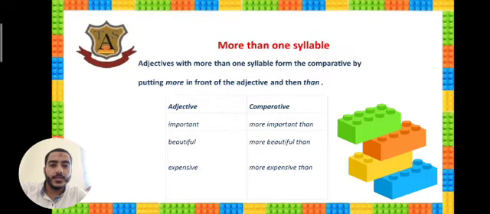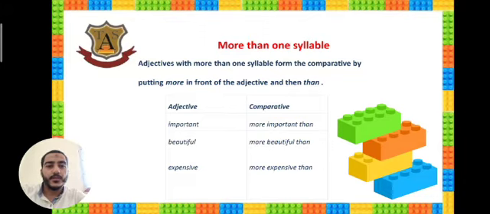Okay, these three adjectives have more than one syllable: important, beautiful, expensive. Important has three syllables.